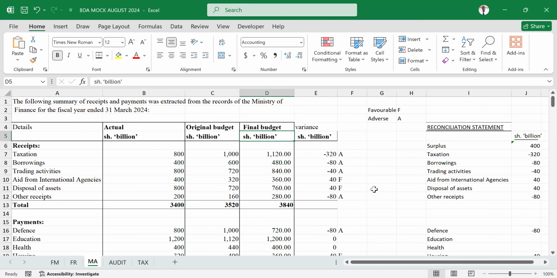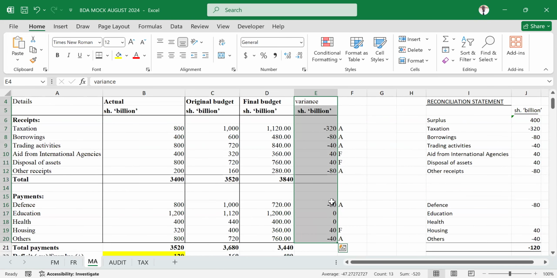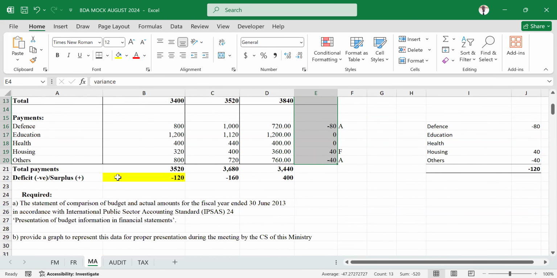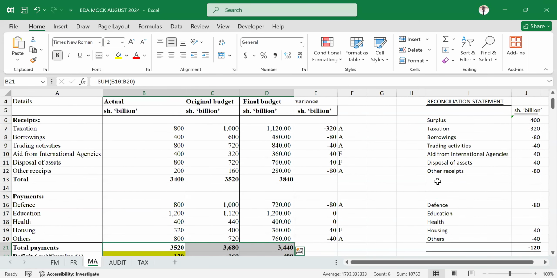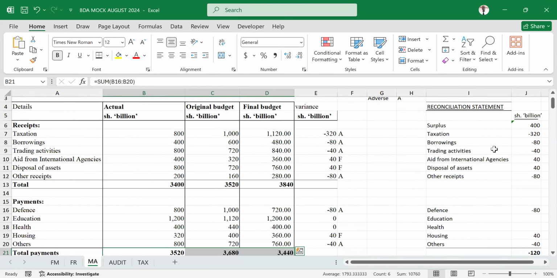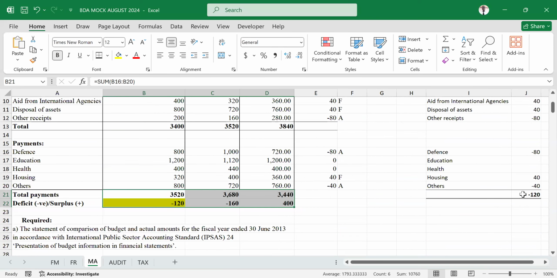So now, I know someone is asking, what are we presenting in this chart? Remember, all these variances we've come up with, all the summary to get either deficit or surplus, which finally we've reconciled and confirmed that actually we've run on a deficit of 120 billion.